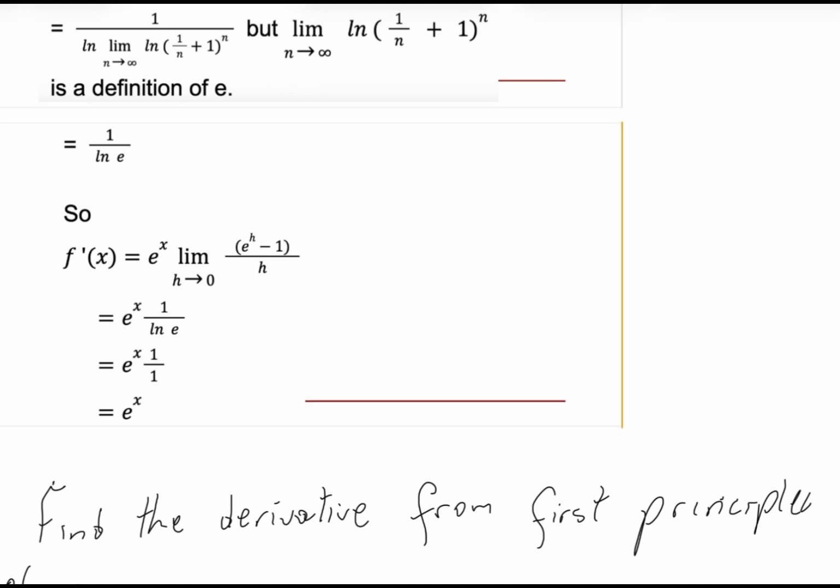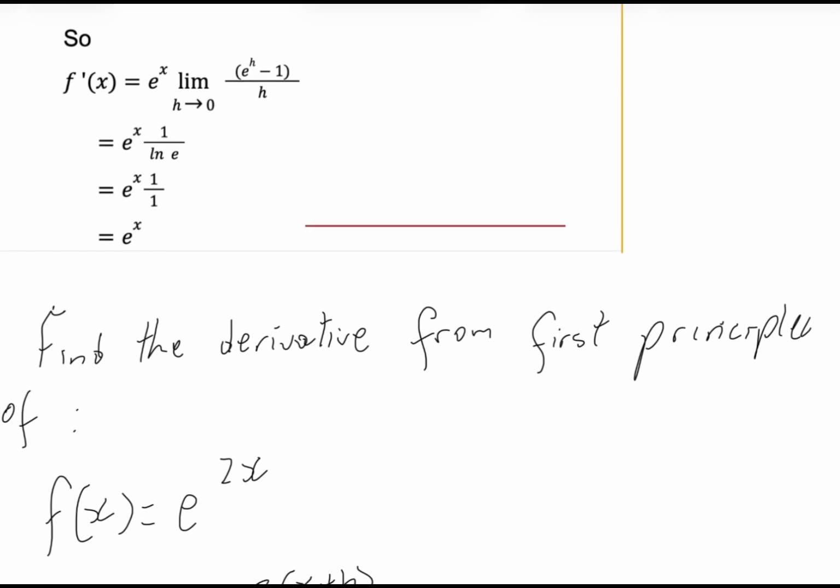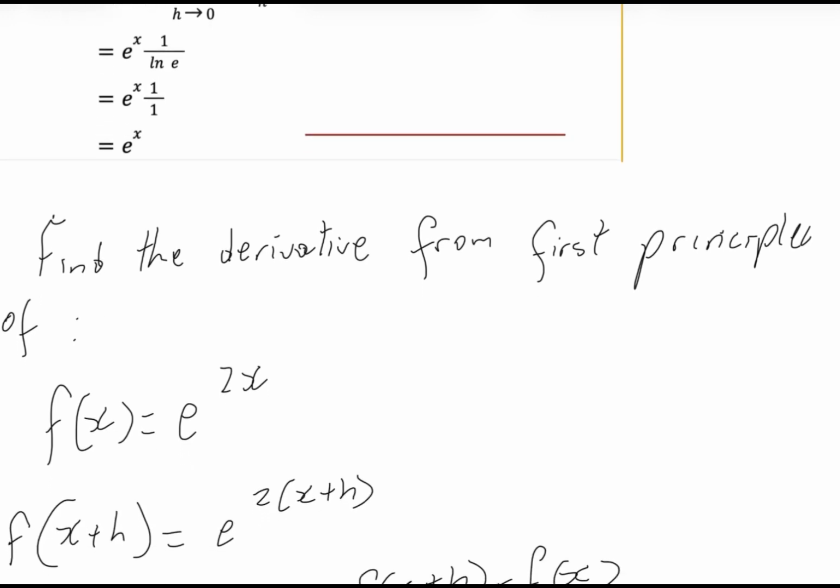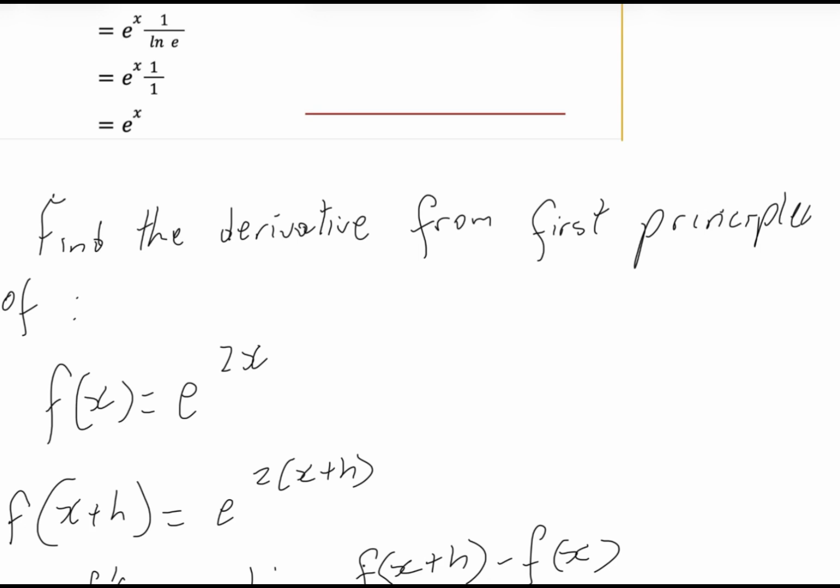All right, so we have proved by this theorem that the limit as h approaches 0 of e to the h minus 1 over h is 1. So we're going to use this as a fact in our next derivatives from first principles of functions with e raised to some power of x.